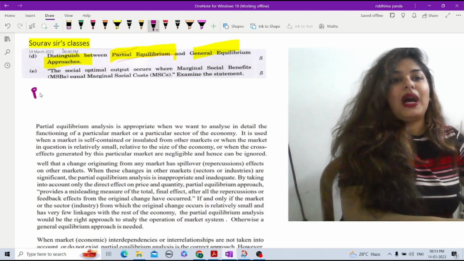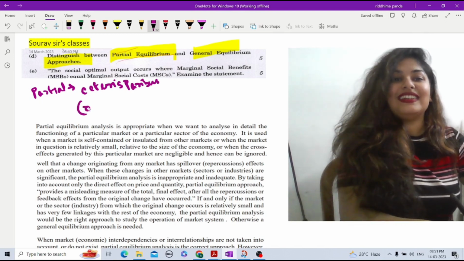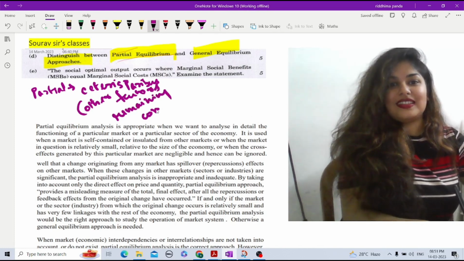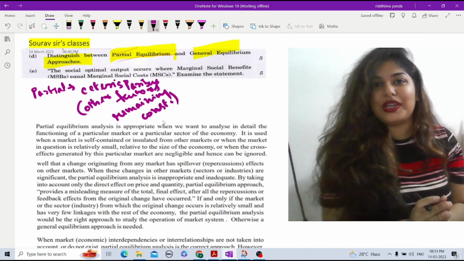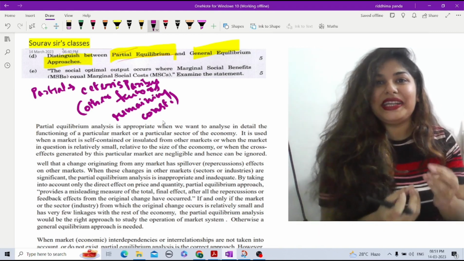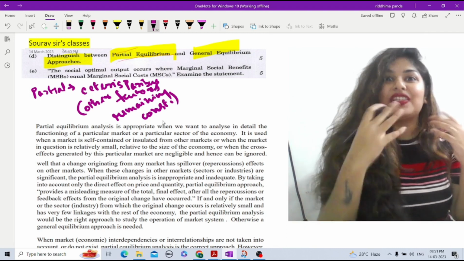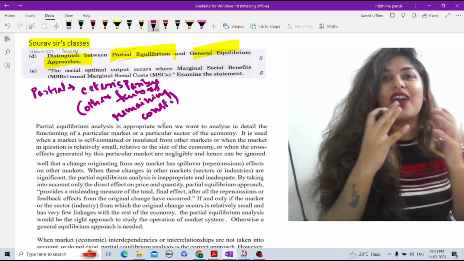Whenever we are talking about partial equilibrium, that means we are talking about the ceteris paribus condition. Ceteris paribus condition is other factors remaining constant, right? So if we take an example of our demand and supply model in microeconomics, where we only study the quantity demanded and the price of the product, whereas all other factors that can actually impact this price and quantity demanded decision are all held constant.